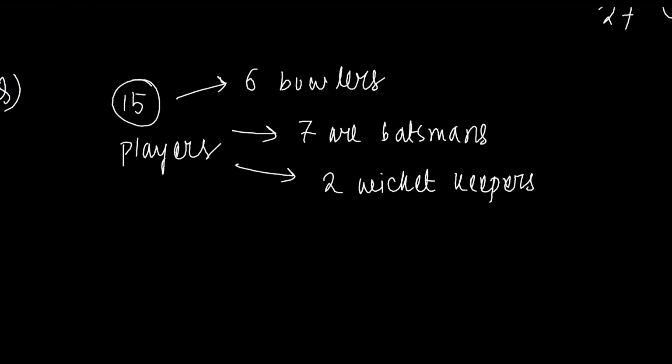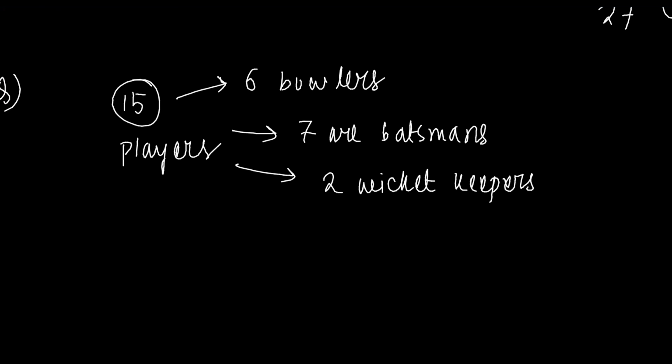That means we can take bowlers greater than or equal to 4, so 4 bowlers or more than 4 bowlers. The minimum number of bowlers that we can take is 4. Similarly, the minimum number of batsmen we can take is 5, and the minimum number of wicket keepers is 1.